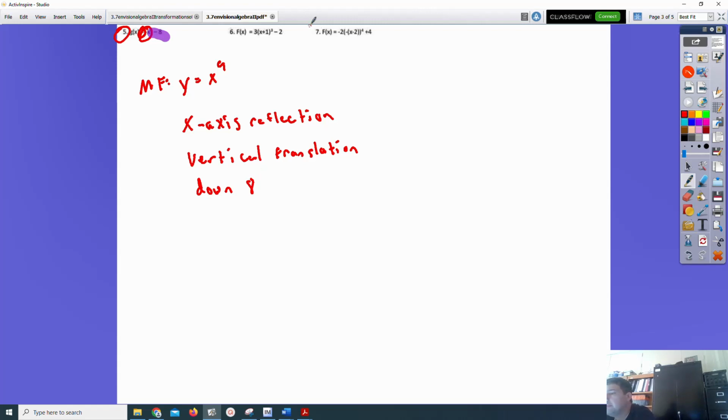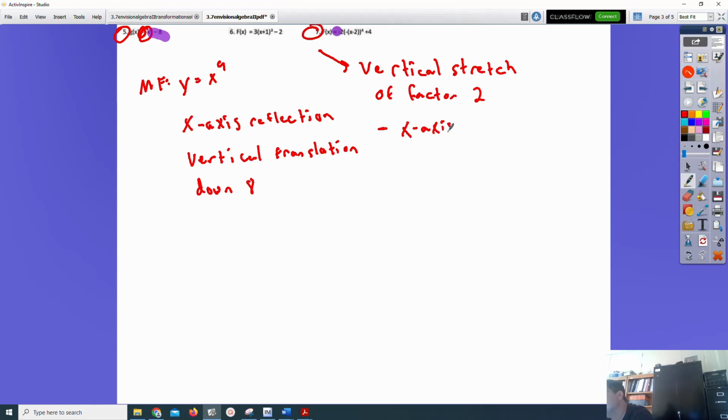All right, number 7. Actually, let's do 7. 7's got a whole bunch of things going on. There is a negative symbol leading, and there's also a -2 there. All right. So there is a vertical stretch of factor 2. The negative symbol tells me that there is an x-axis reflection.